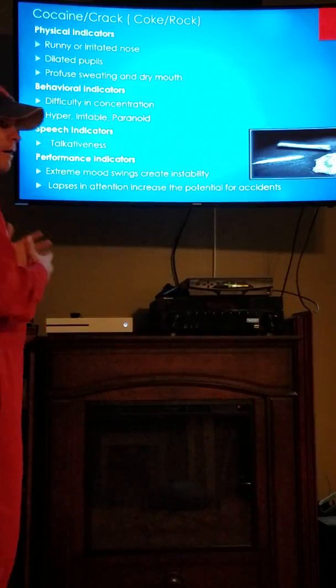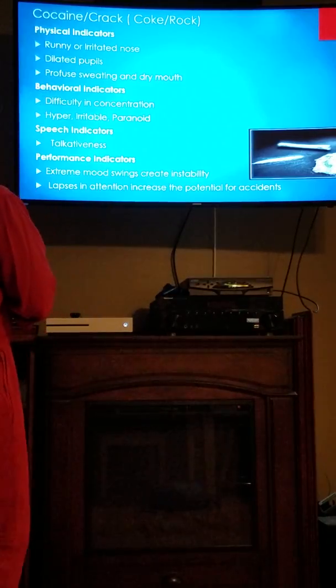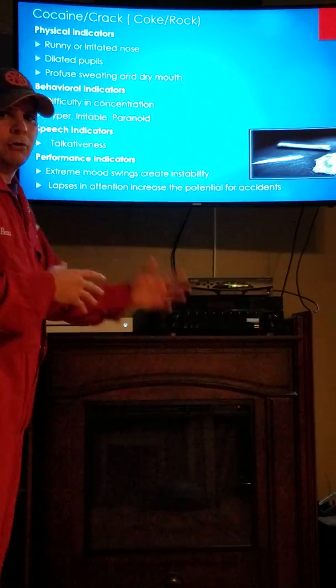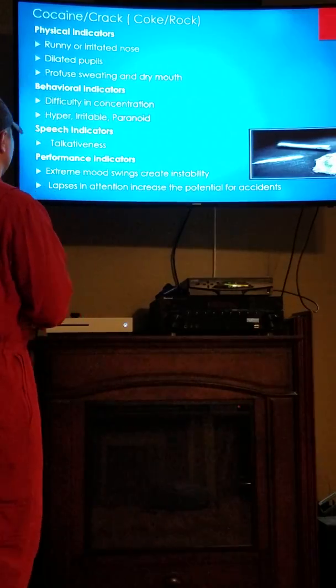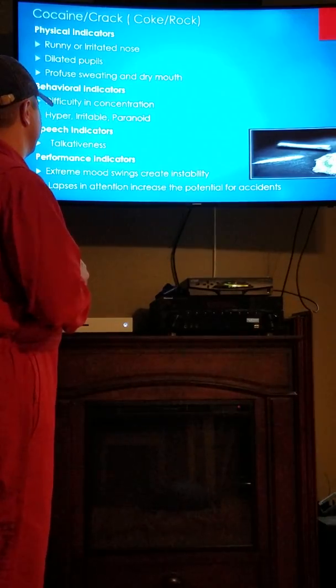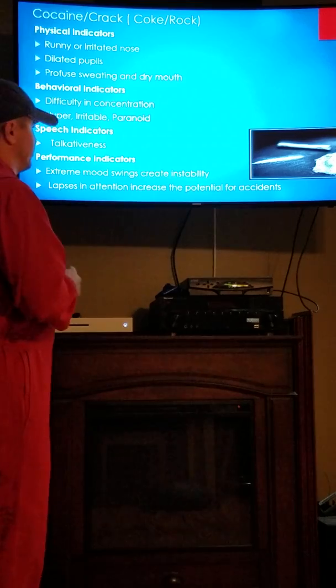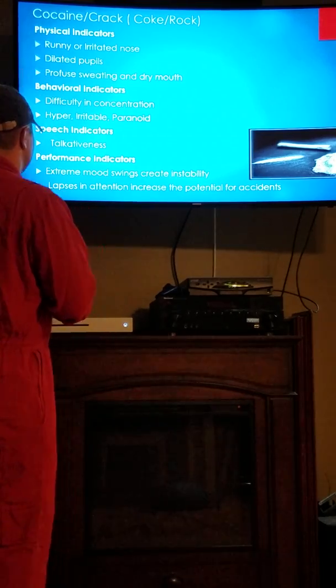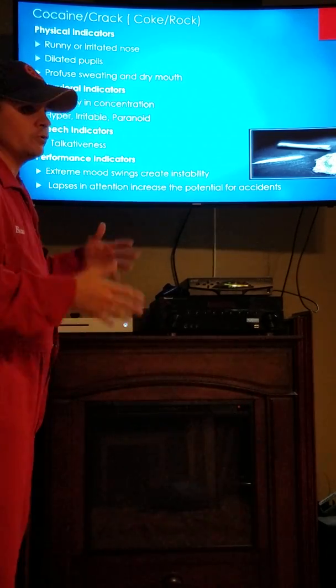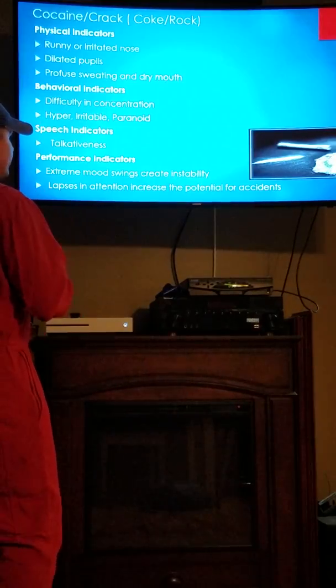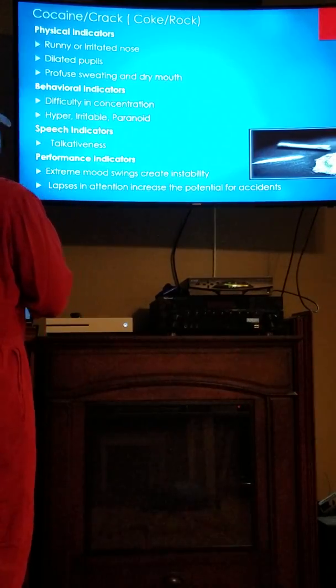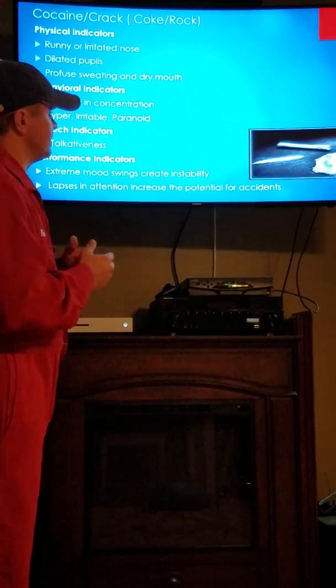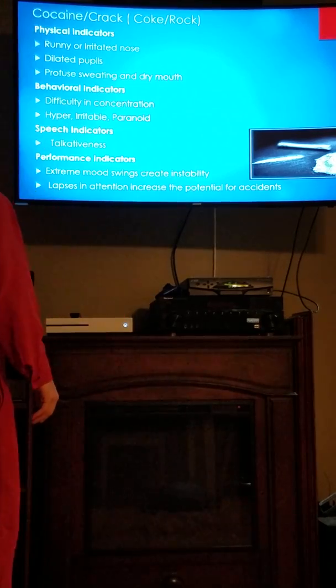Hyper, irritable, paranoid, just all over the place. Speech indicators: a lot of talkativeness, really talkative. Performance indicators: extreme mood swings, creating instability. These extreme mood swings just create a real unstable person. Lapse in attention is going to increase the potential for accidents.